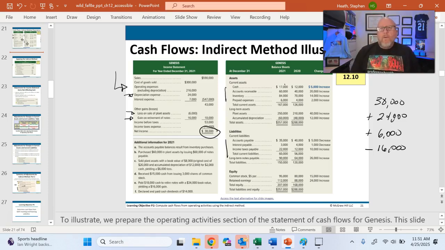So we would subtract our $20,000 increase in accounts receivable. It makes sense. We had $20,000 worth of sales that were made on account, and therefore we didn't get cash. So we need to, unfortunately, subtract those from our net income because we never received the cash.